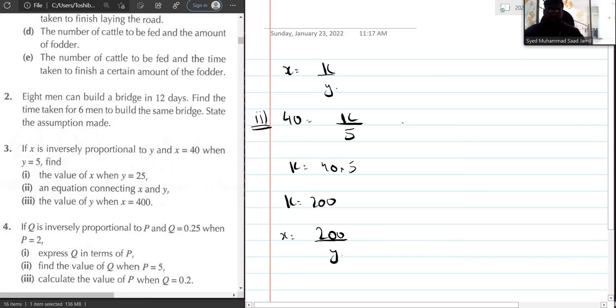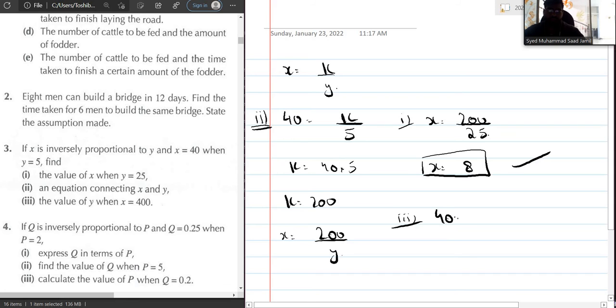Now let's solve part 1. It says find the value of x when y equals 25. x equals, instead of k write 200, and instead of y write 25. So x equals 200 divided by 25, so x equals 8. Easy. Part 3, the value of y when x equals 400.